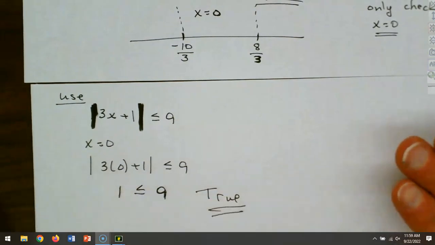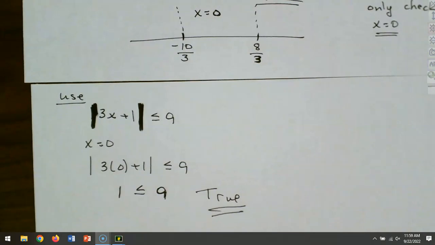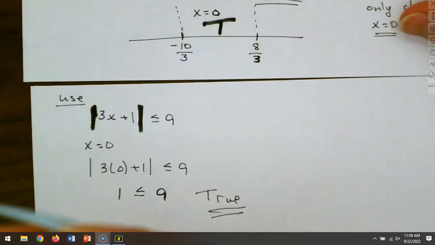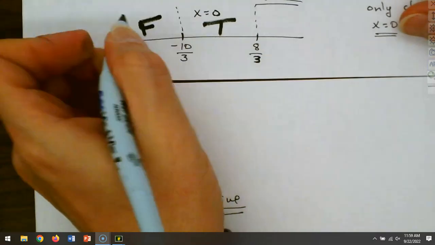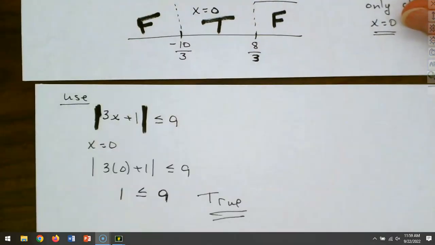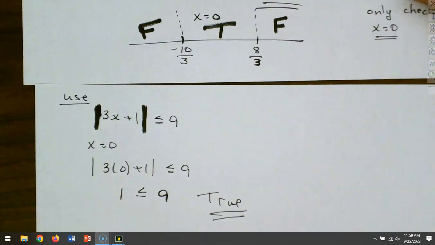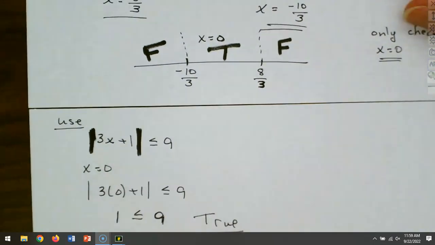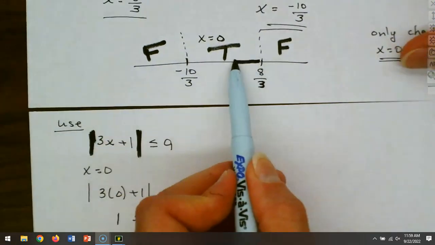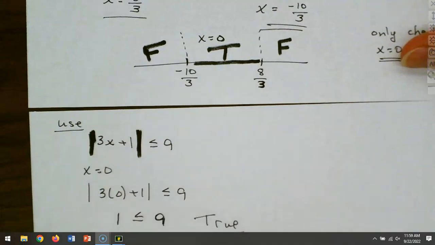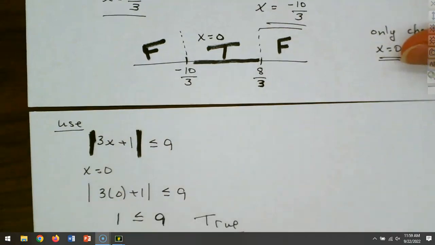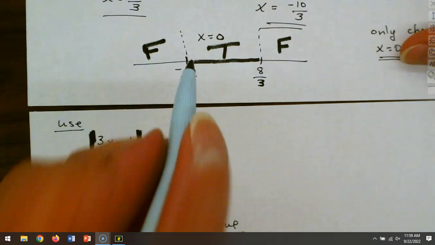Now, the signs always switch back and forth. So it was true in the middle. So that means the edges are going to have to be false. So where's our answer lie now? In the middle. Brackets or parentheses here? Which one? Square brackets.